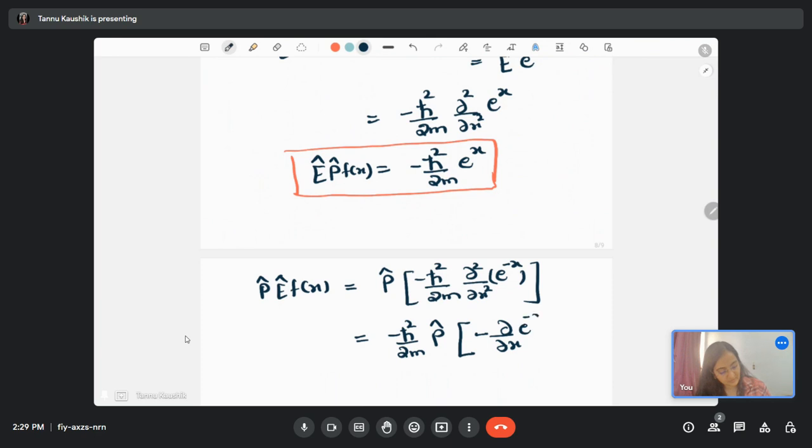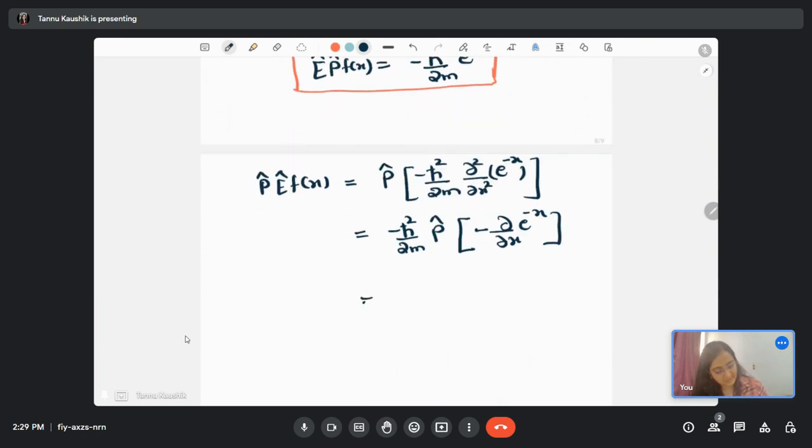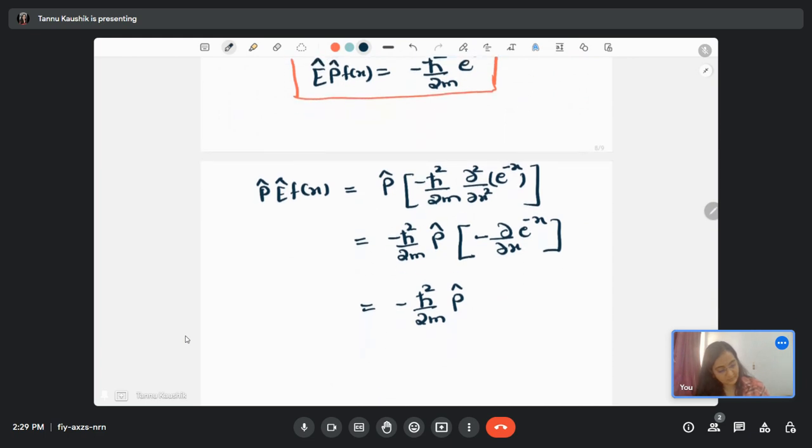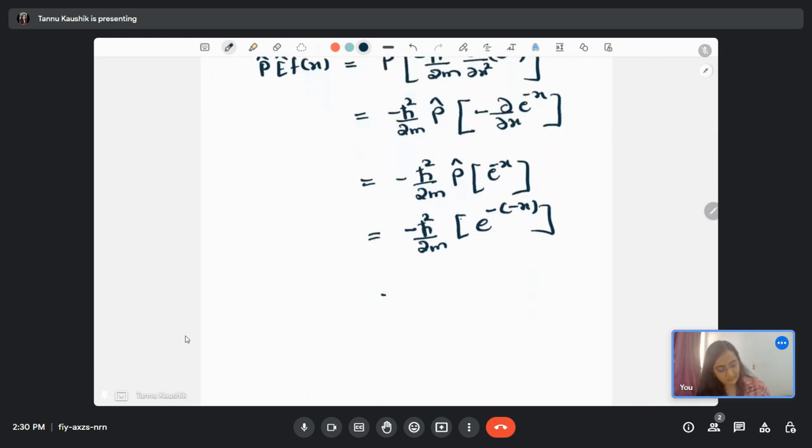Taking this minus h bar square by 2m out, we will get del by del x of e to the minus x, and again differentiating this e to the minus x, we will get e raised to minus x. Now we will operate this parity operator.